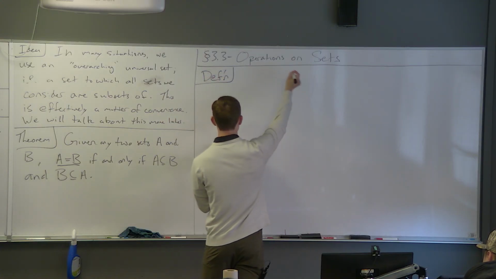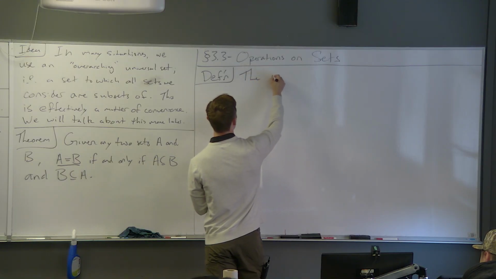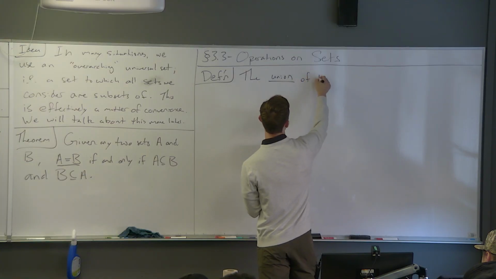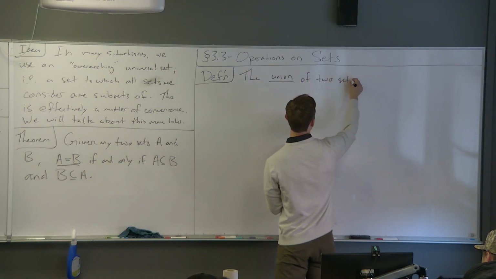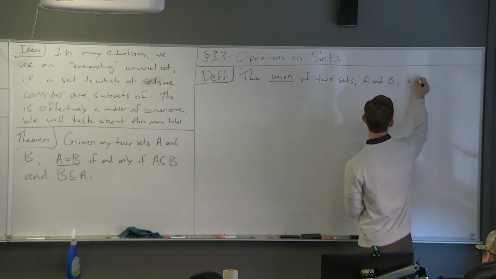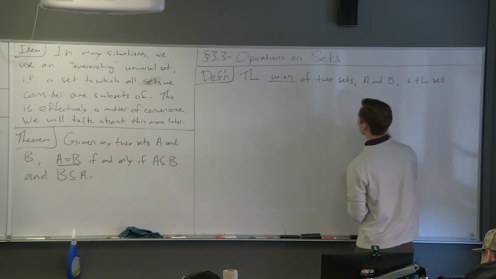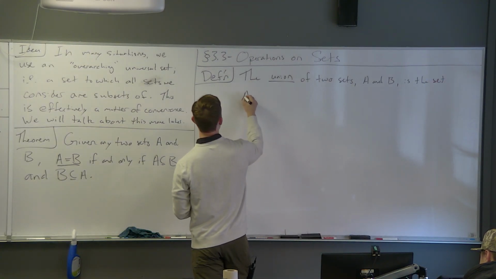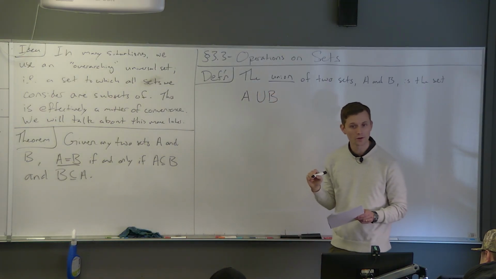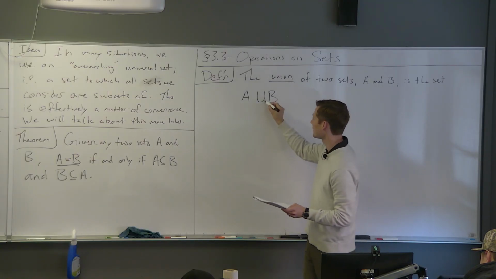The first definition: the union, as we call it, of 2 sets, let's call them A and B, is the set denoted A ∪ B, big old U, usually drawn without a tail on it, right?